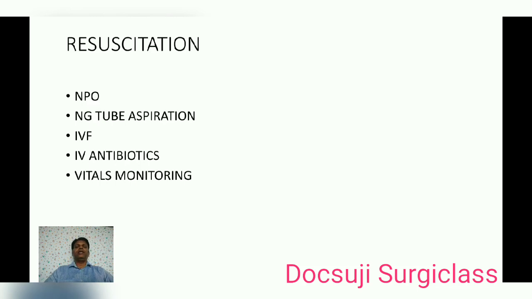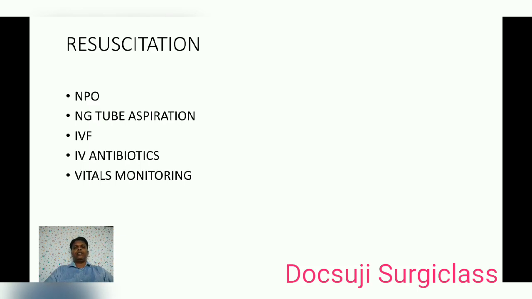You keep the patient nil per oral, giving rest to the gastrointestinal tract, followed by nasogastric tube aspiration to decompress the stomach, then intravenous fluids, parenteral fluids, Ringer lactate, normal saline, and DNS, and then intravenous antibiotics to control the infection, mostly 3rd generation cephalosporins, metronidazole, and aminoglycosides like amikacin or gentamicin, depending upon the renal function.